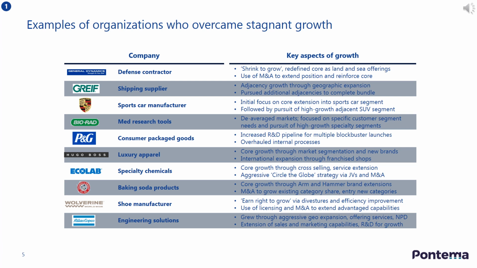Similarly, the US-based company Arm & Hammer developed a core competency in baking soda and washing soda, but following periods of stagnant growth since the 1970s, it has since expanded into new cleaning and freshening categories, including toothpastes, deodorants, and even pet care.